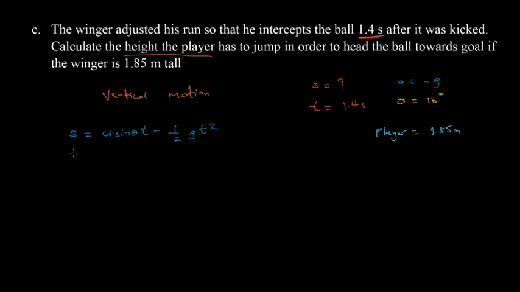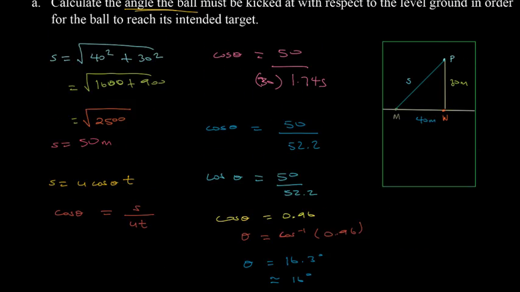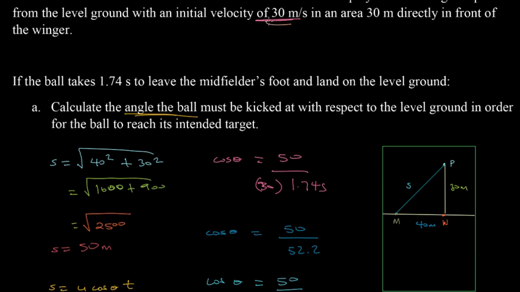So let's plug in some values here now. We're going to have S is equal to U. U was 30 meters per second, so the initial velocity was 30 meters per second.